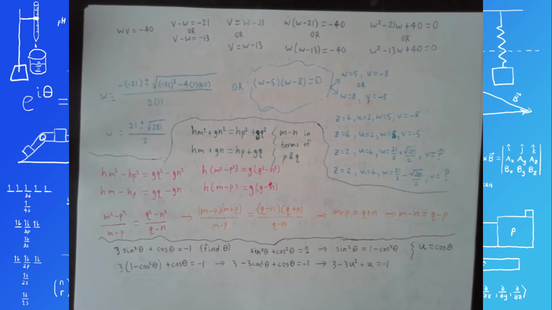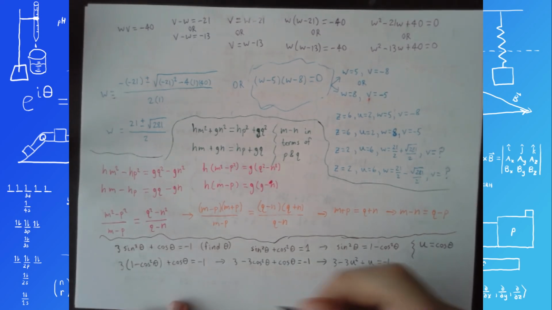Well, this looks like something we know how to solve. This is just a quadratic equation. So if I go ahead and continue, let me switch colors. Let's start on a new line.